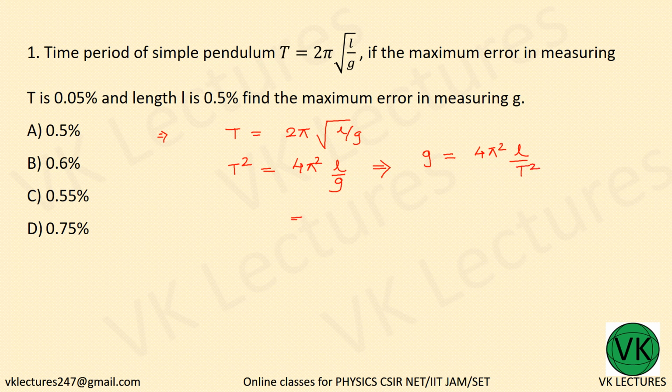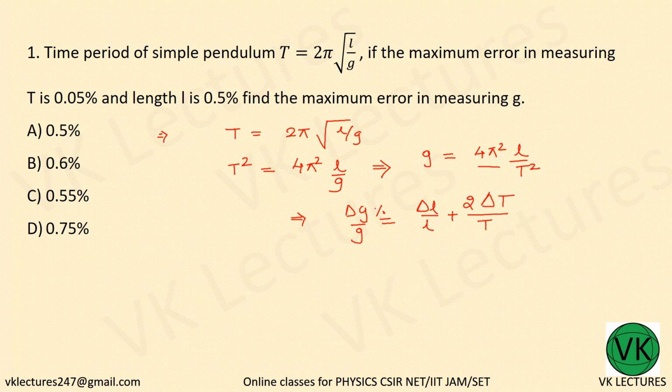Now that's given by delta g by g is equal to, this is constant, so delta L by L plus 2 times delta T by T. Now it is given in terms of percentage, so multiply by 100.